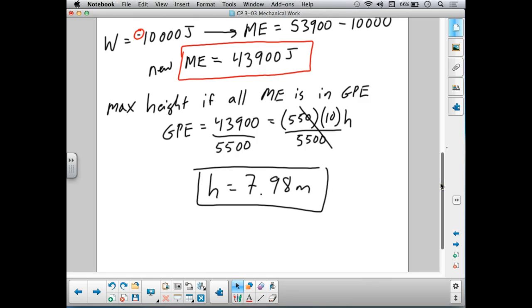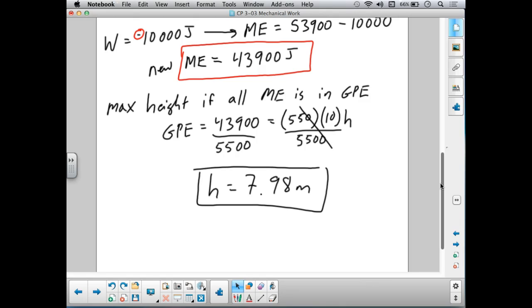Next step, I looked at how work affected my total mechanical energy. In this case, it removed 10,000 joules of energy from my total available, which left me with 43,900 joules. The last step, I used logic to think about the fact that if I want to get to my maximum height, I can only do that if all of my mechanical energy is in gravitational potential energy.